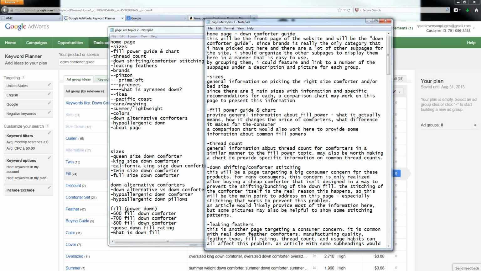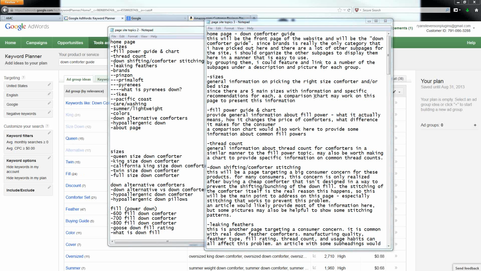I'm not simply doing the same exact thing on every single page. I'm not just slapping an article up on every one of these pages and then slapping up some product advertising. The whole point is to present the information in an actually useful and helpful manner.